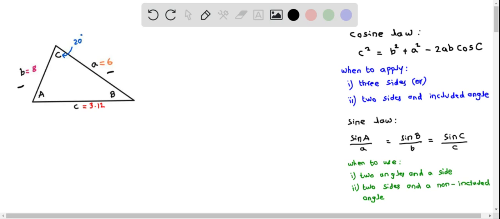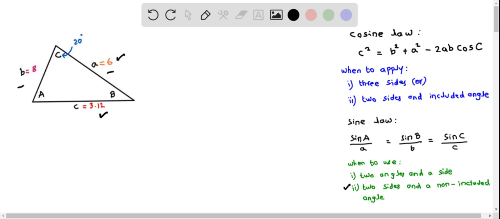As far as this triangle is concerned, we know only three sides but not two angles. However, it meets the second condition, that is two sides and a non-included angle. We have this side a as well as this side c, and the angle C is known. So I'm going to use the sine law instead of the cosine law, because this will be a little bit simpler.